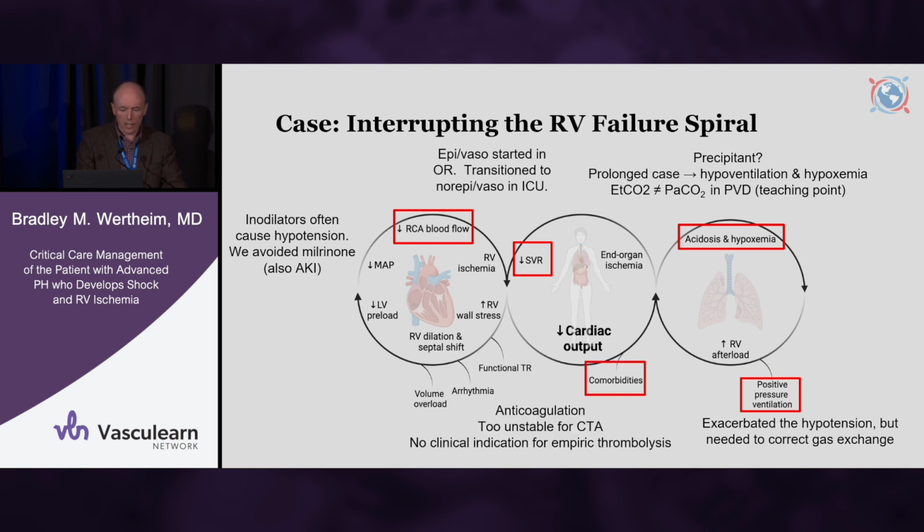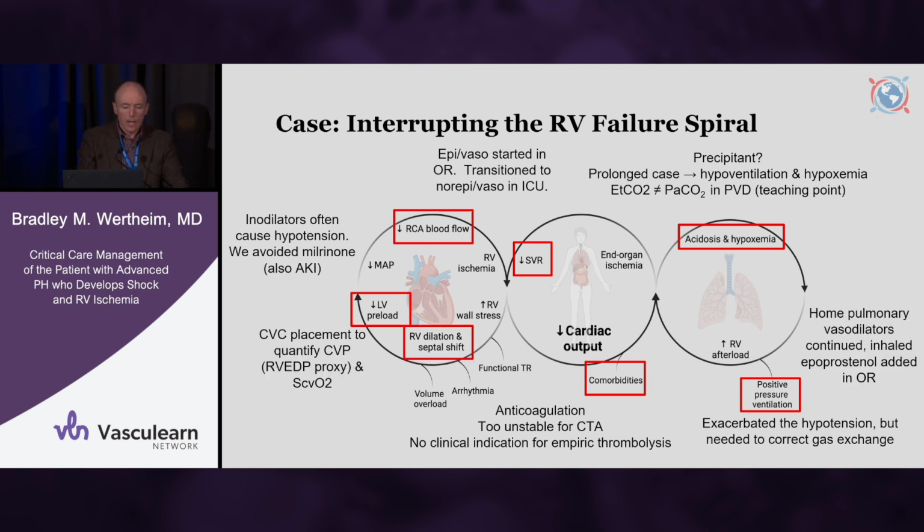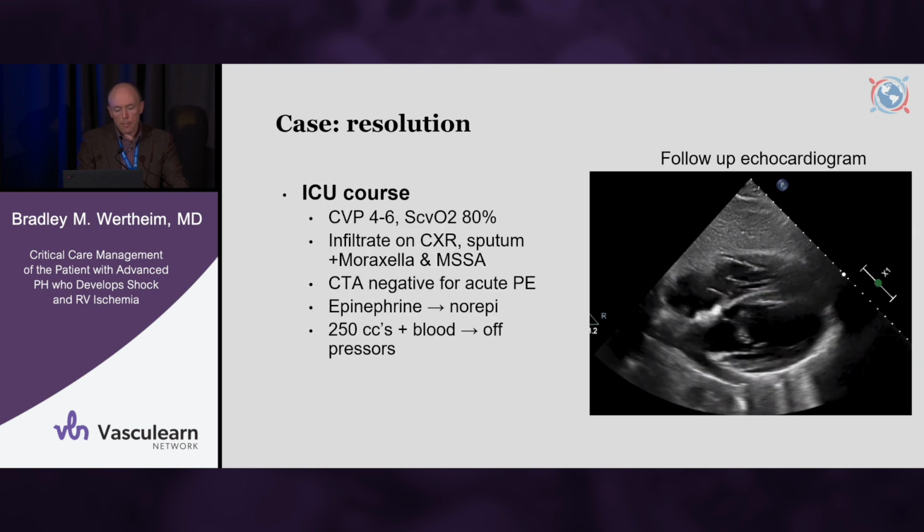He was anticoagulated. There was concern for embolic event up front. He was too unstable for a CTA, but we didn't see an empiric indication for thrombolysis. We continued the vasodilator regimen that we discussed, and ultimately underwent central line placement to quantify central venous pressure and central venous sat. And this is what happened.